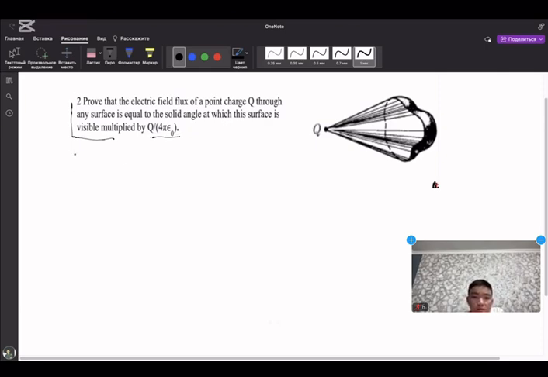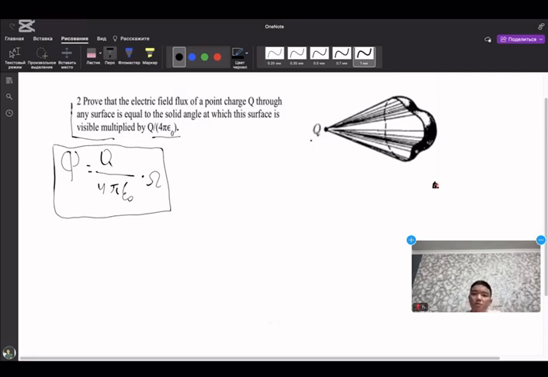In this case, electric flux is equal to the charge over 4 pi epsilon 0 multiplied by the solid angle, and we're going to prove that it's correct.